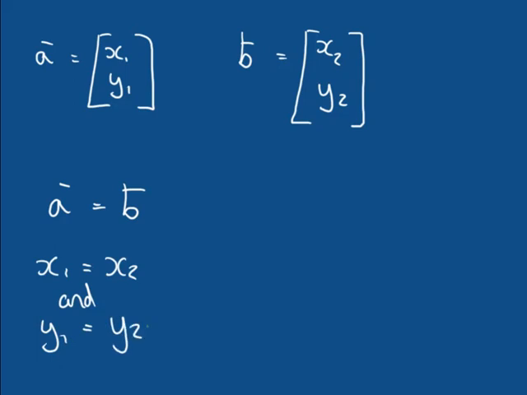And that's the same with any vector, no matter how many components you have. Those vectors are only equal if the same components are equal. That is to say, the first component of vector 1 is equal to the first component of vector 2, and so on. So in the case of our 2D vector, x1 must equal x2 and y1 must equal y2.